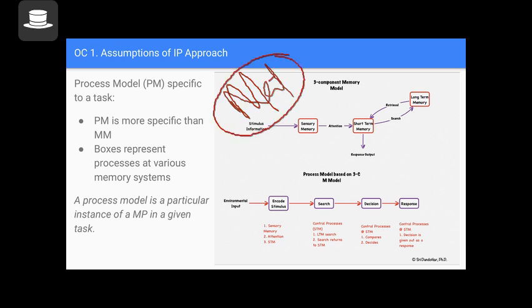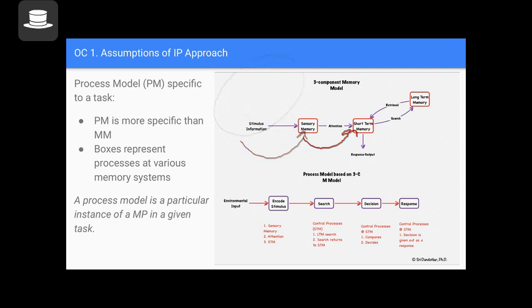Well, first thing that happens is that the information gets encoded, right, into your sensory memory. But the encoding also takes place here at the short-term memory. So the first kind of process we are referring to is encoding the stimulus. Once the information goes to short-term memory, right, the short-term memory actually does some control processes. What does it do? It searches long-term memory and it returns the search to short-term memory.